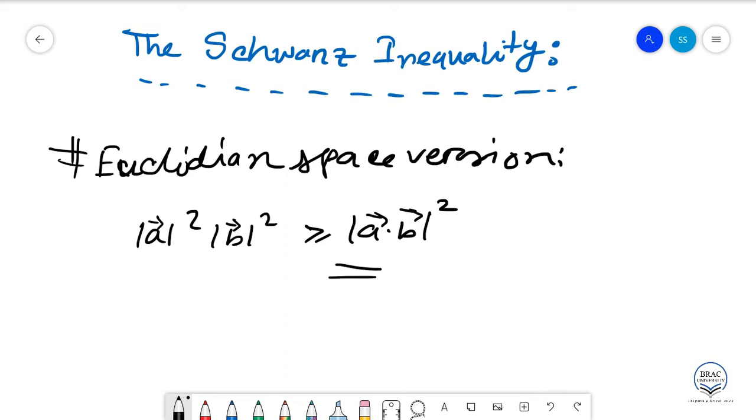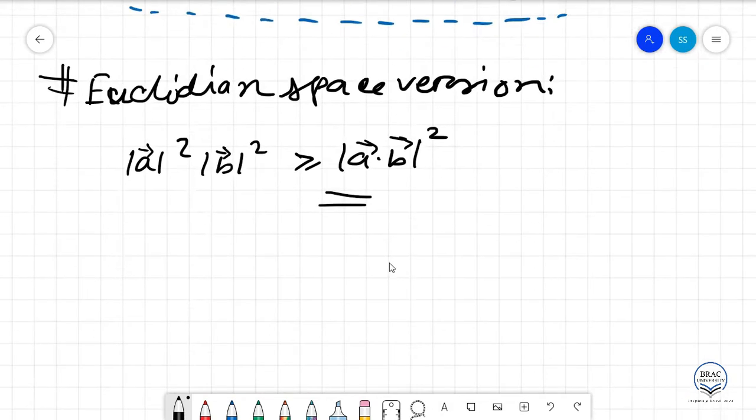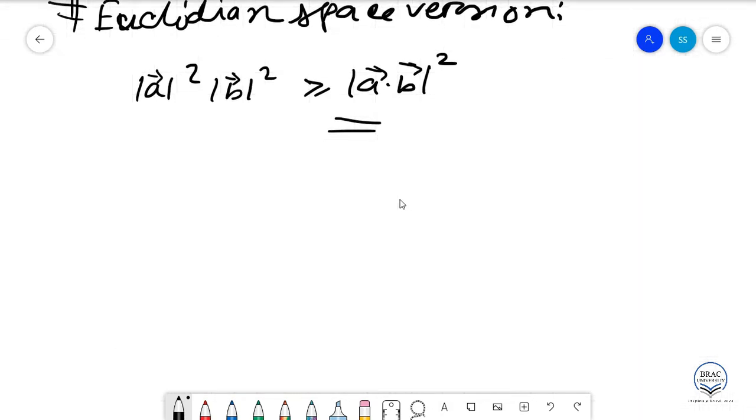it from a more general point of view, that is in terms of vector spaces. So let's try to do it. This will be a more general approach, and we will have two vectors.